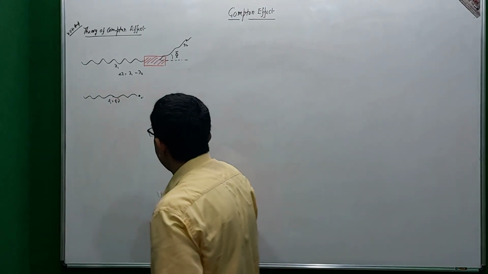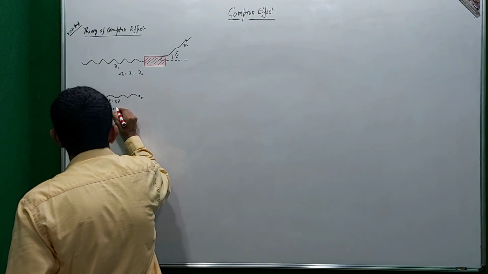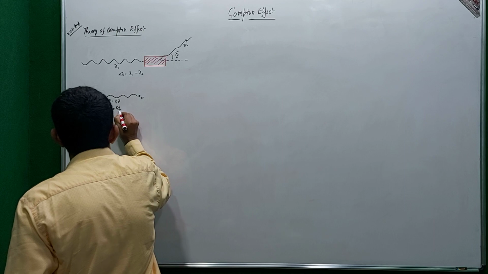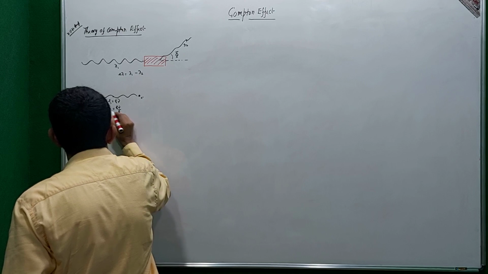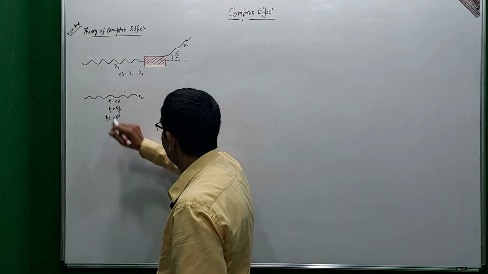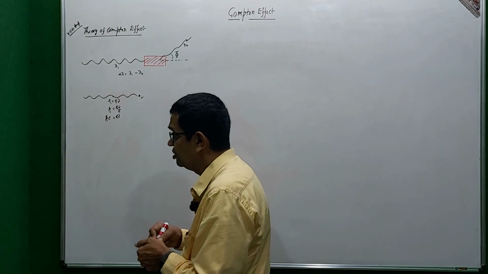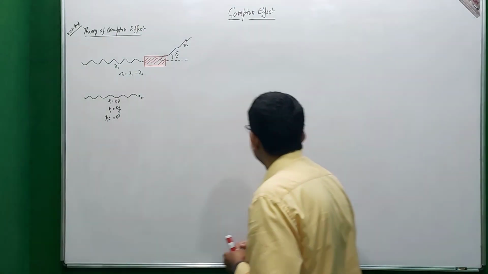Or in terms of the momentum, we can write this as P1 = h nu by c, or P1 c = h nu. And how did you get this momentum? Because you are going to study the de Broglie hypothesis.